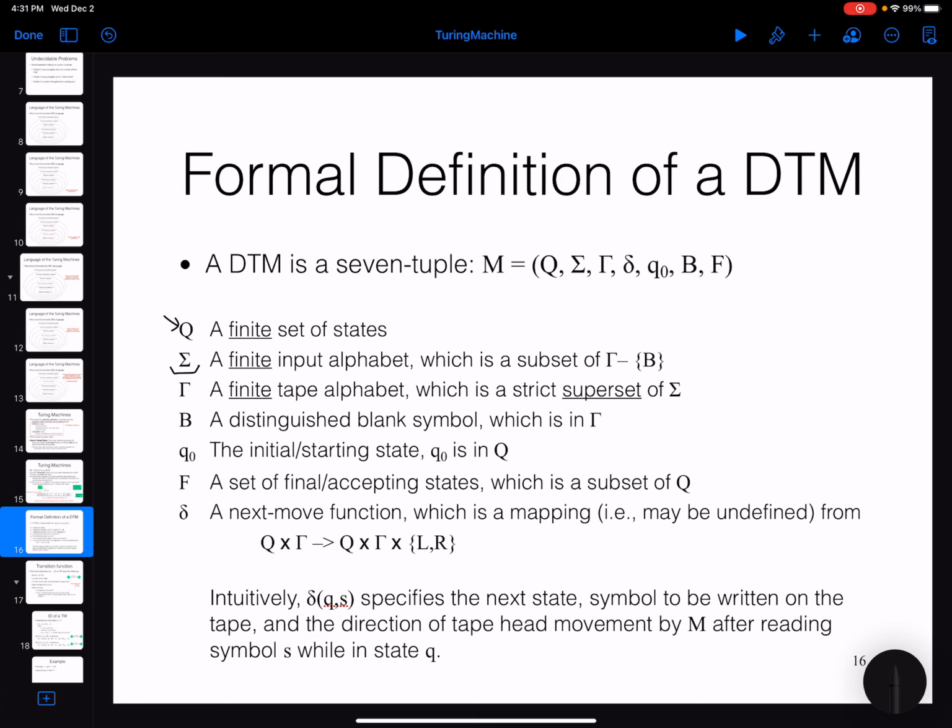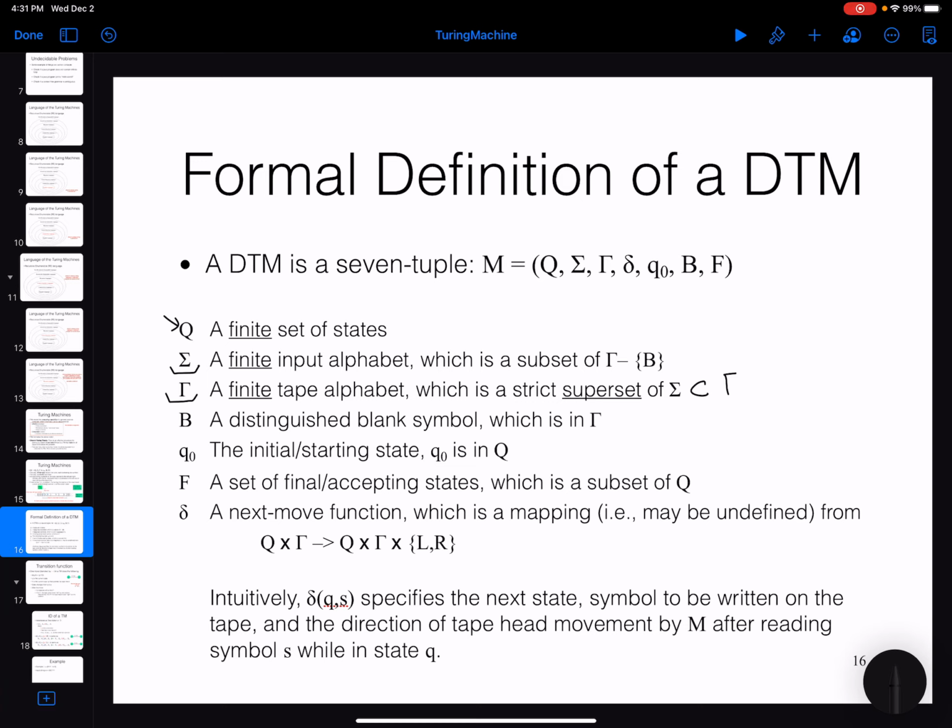And gamma is going to be the tape alphabet, what can be written over the tape, similar to the alphabet we defined for the stack in the pushdown automata. Usually, because the input is given to you and has been written over the tape, sigma is going to be a subset of gamma.